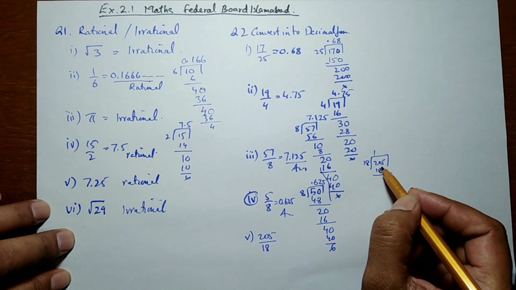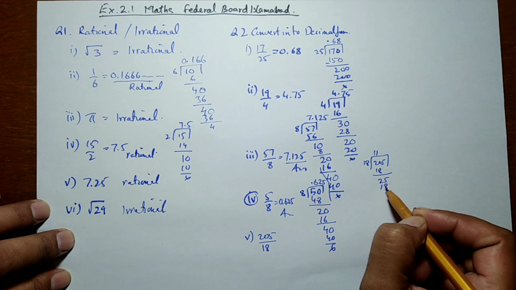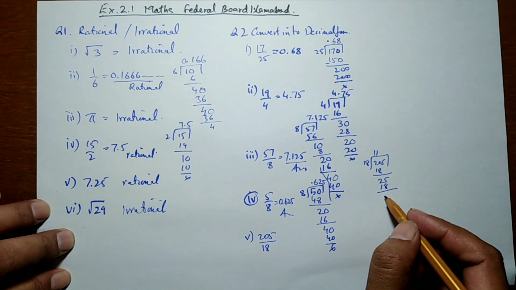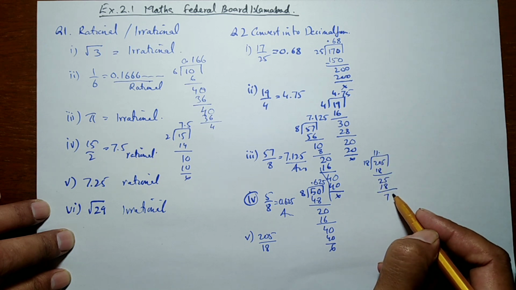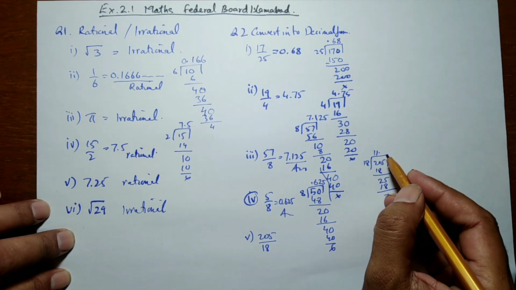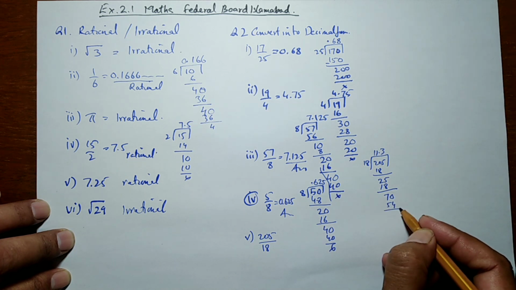We have 5 here. Subtracting 18 from 20 is 2, 25. Again 18 1s are 18. We have again the remainder 7. Now introduce point here and 0 here. 18 3s are 54.